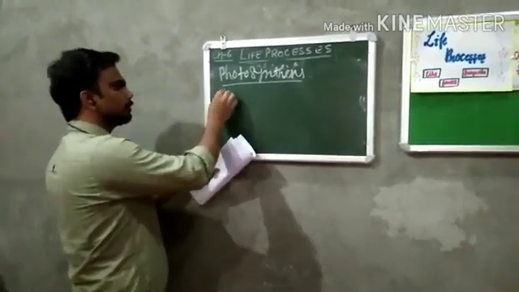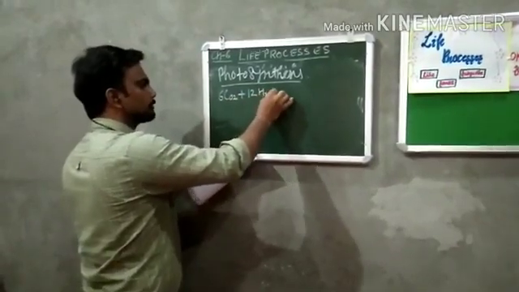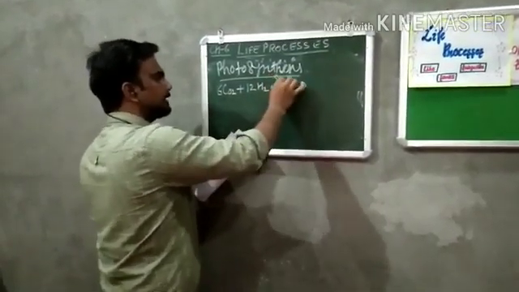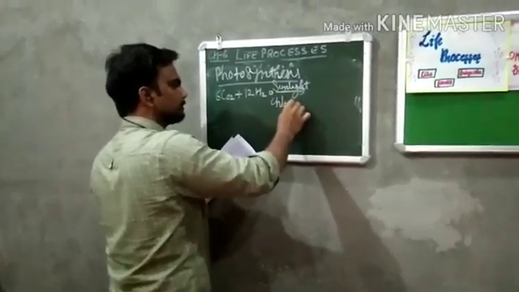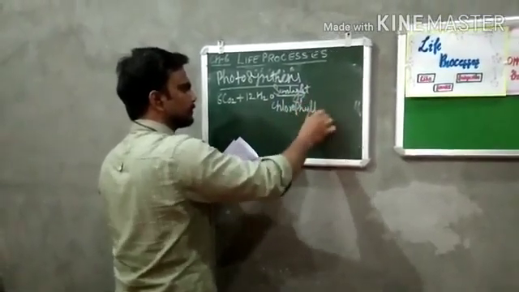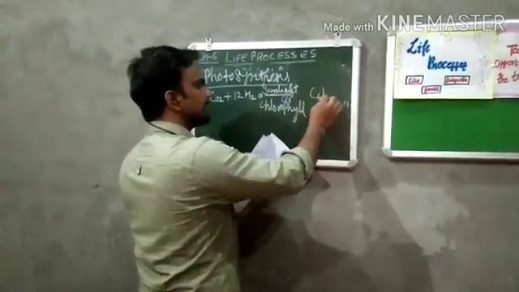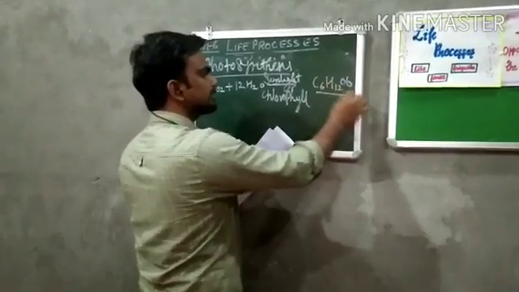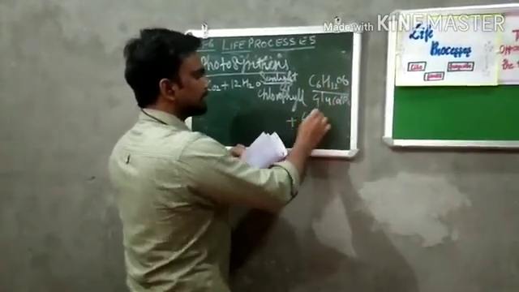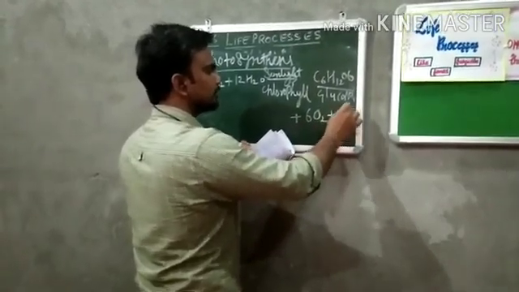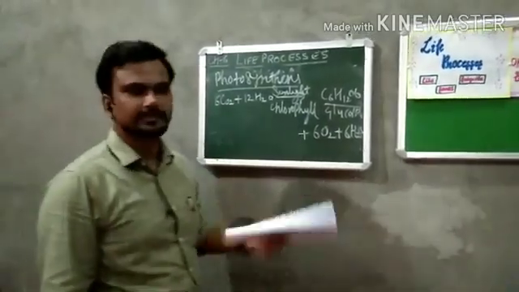Now the reaction of photosynthesis: 6CO2 plus 12H2O, in the presence of sunlight and chlorophyll, gives you C6H12O6, that is glucose, plus 6O2 plus 6H2O. This is the reaction of photosynthesis.